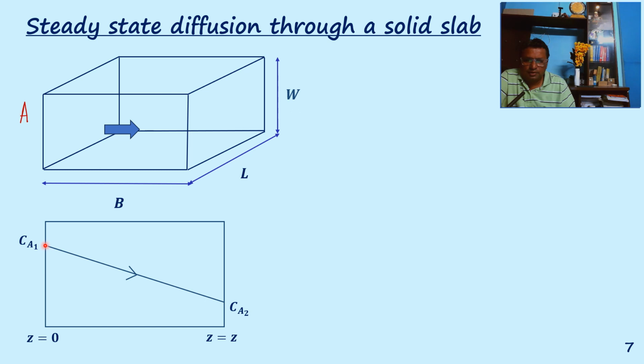One more way of understanding this is A is diffusing from the plane Z is equal to 0, where its concentration is Ca1, to the plane Z is equal to Z, where its concentration is Ca2.